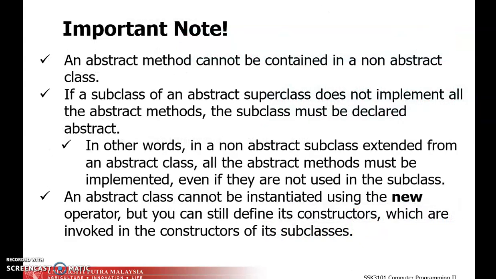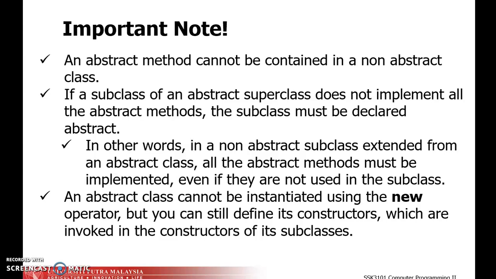According to the program we have looked at just now, this slide will provide some concluding remarks on the implementation of abstract classes. First, an abstract method cannot be contained in a non-abstract class or concrete class, which means an abstract method should be declared in and belong to an abstract class only. If a subclass of an abstract superclass does not implement all the abstract methods, the subclass must be declared abstract as well.